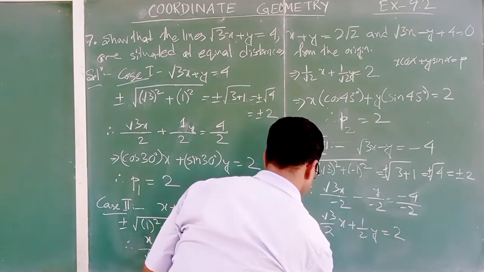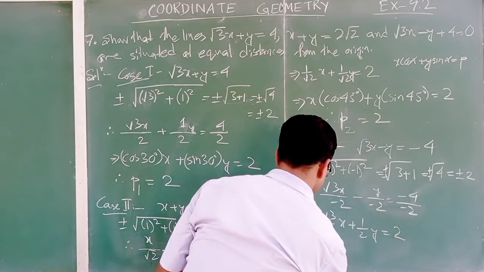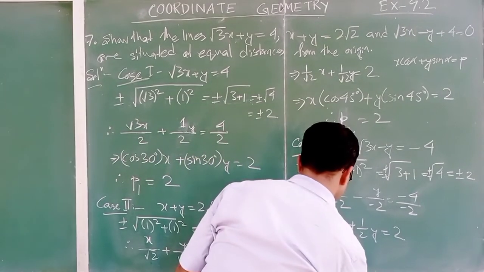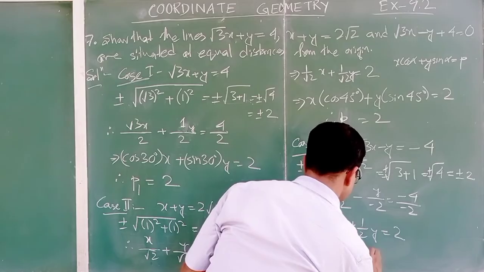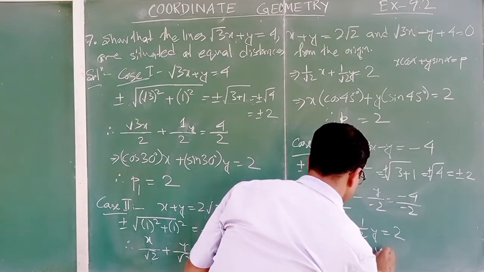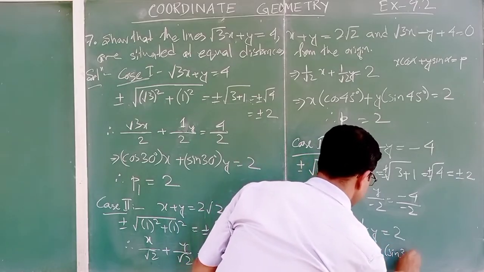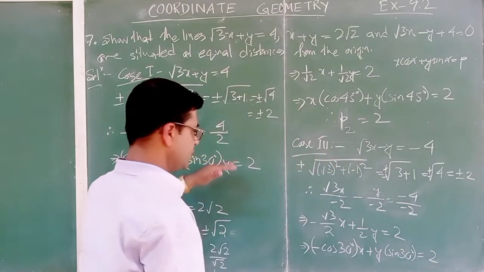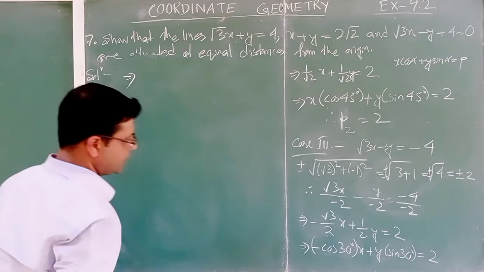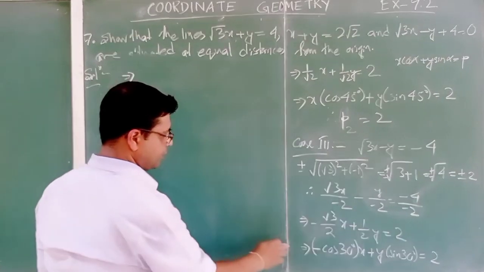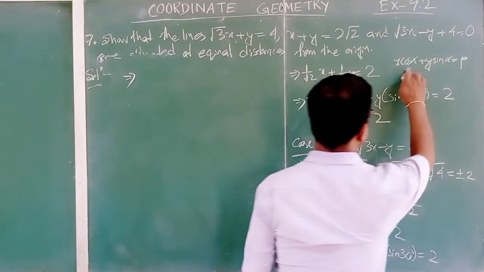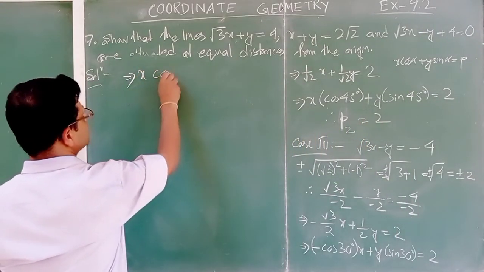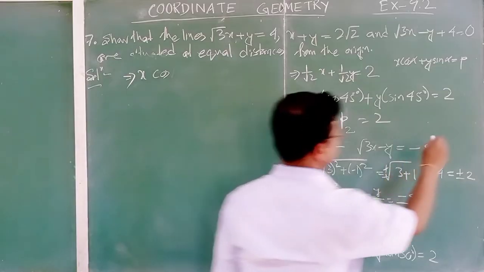So here, minus cos of which angle is √3 by 2? Cos of 30 degrees, this is x. Again for y, sine of 30 degrees is half, equals 2. Now let us do the remaining part here.